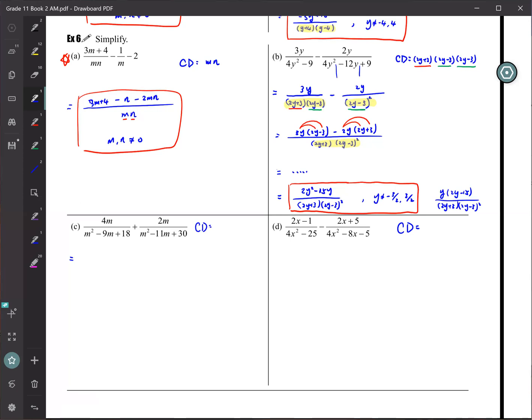So I do want to double check the common denominator, because if you get the wrong one, it affects everything else.